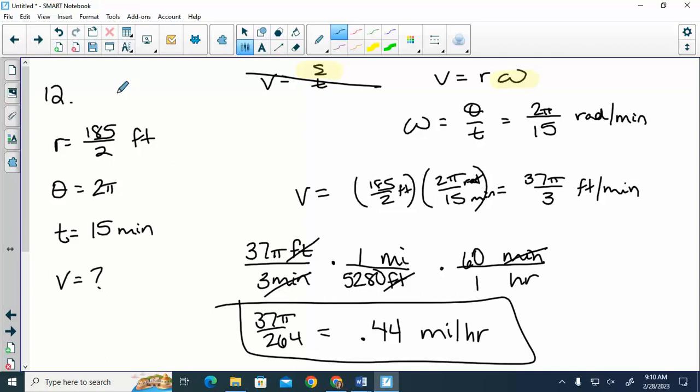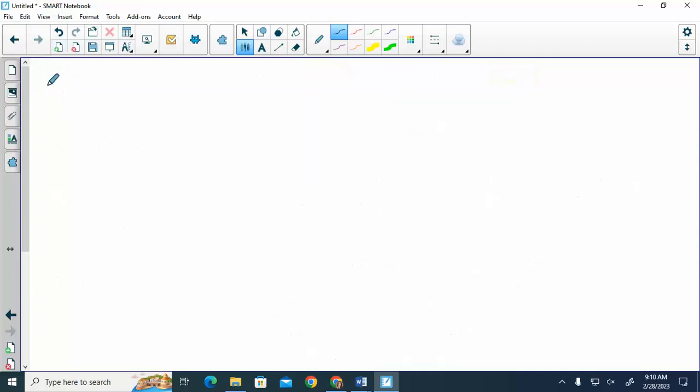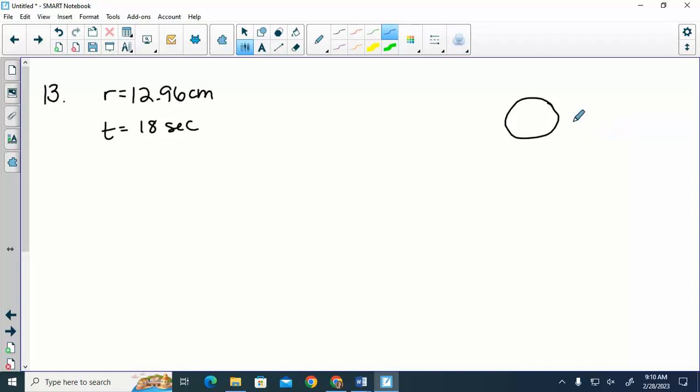Let's look at 13. So a pulley has a radius of 12.96 centimeters. Suppose it takes 18 seconds, so that would be my time, for 72 centimeters of belt to go around the pulley. Okay, so your pulley is circular, and the belt is wrapping around the outside.